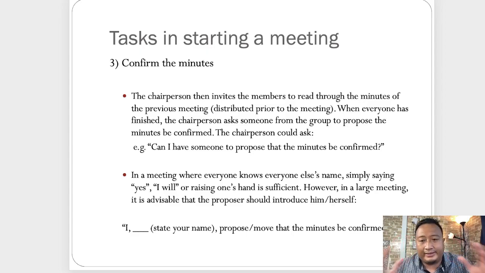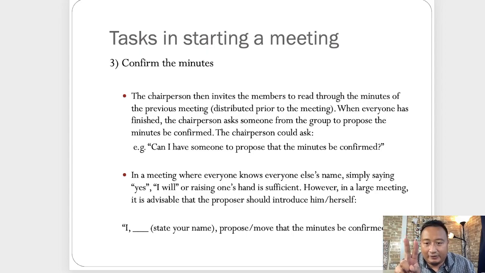So the chairperson will ask, can I have someone to propose that the minutes be confirmed? Then one of you needs to raise your hand and say, yes, my name is so-and-so, I propose that the minutes be confirmed. One person. And then the next person says, my name is so-and-so, I second the motion. Maksudnya saya sokong benda tu.